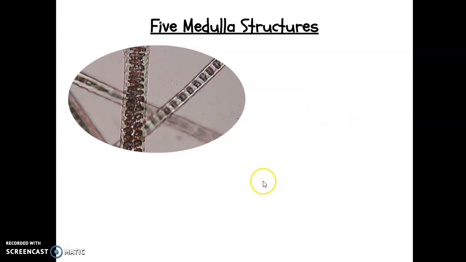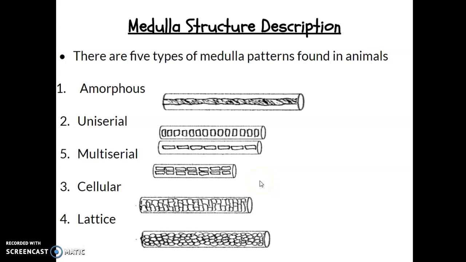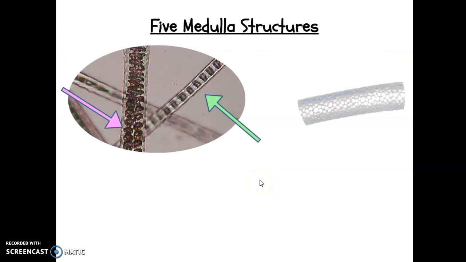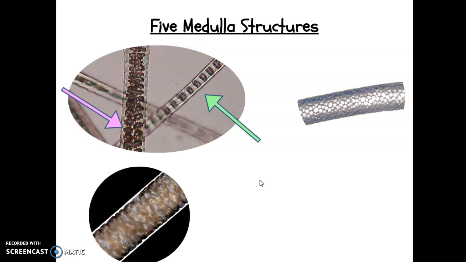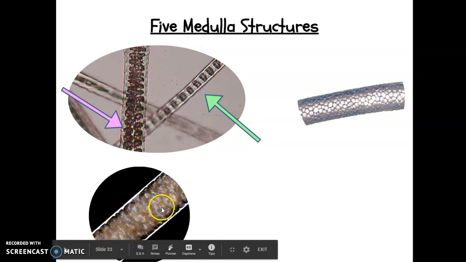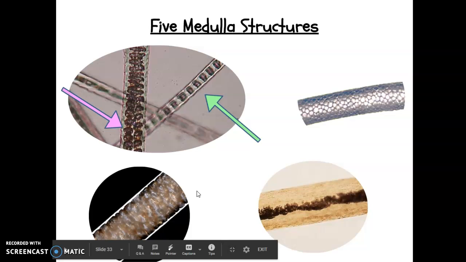See, this is why you guys need your notes. That kind of looks like little squares, I think. And with the little squares, I think that's cellular. And then this is the amorphous.